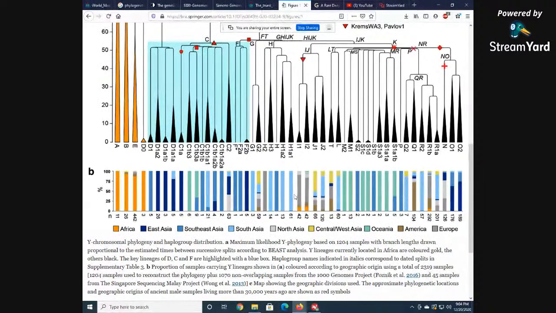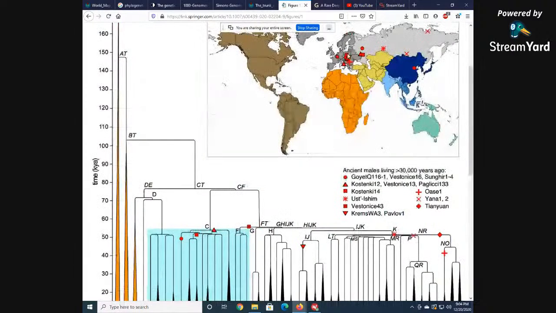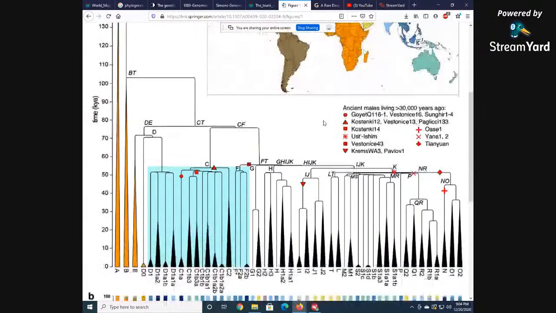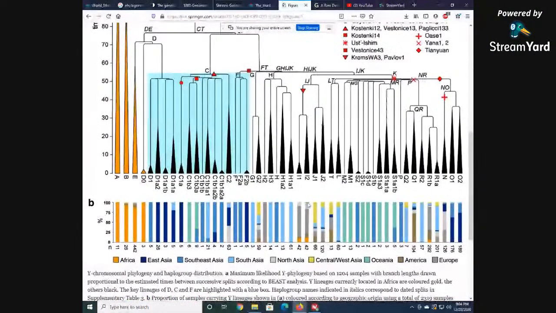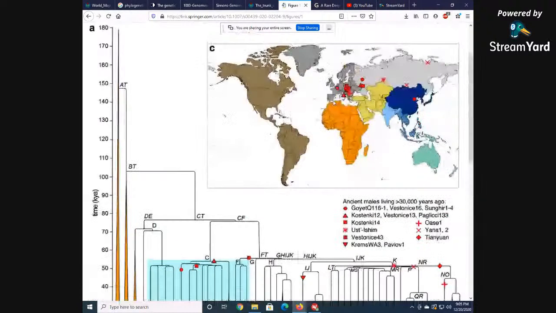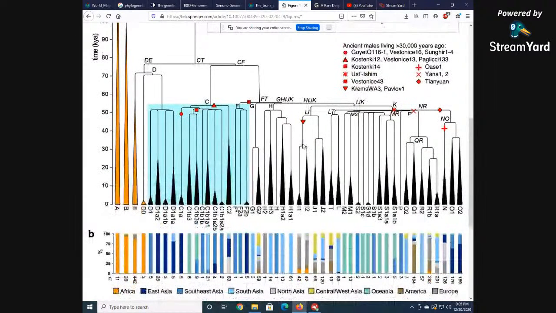The H is in India. And the I1, the I2 are largely associated with Europe. A little bit with this area here, which is Eastern Europe.